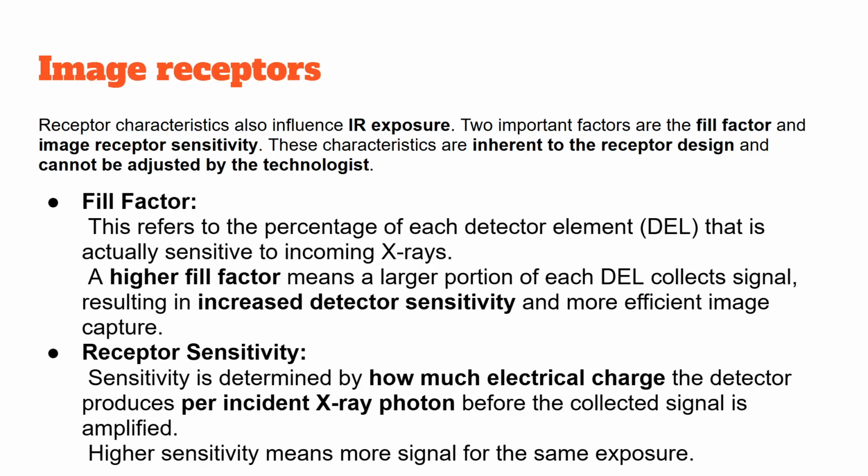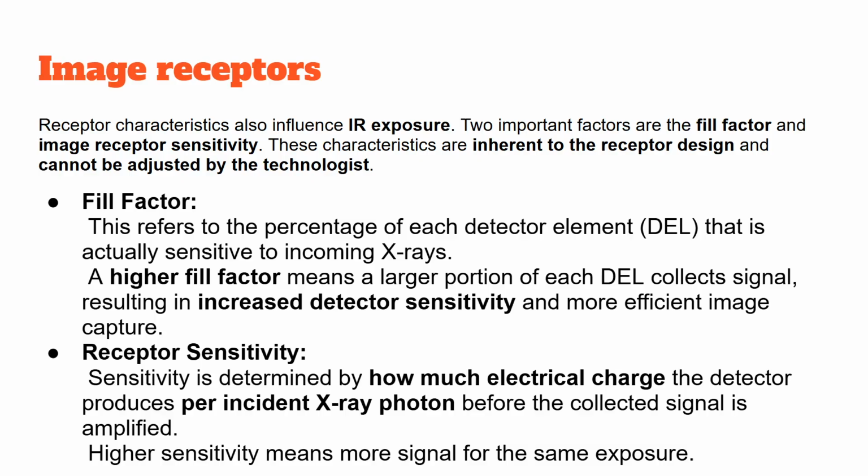Image receptors themselves have characteristics that can influence IR exposure. Two important factors with that are fill factor and image receptor sensitivity. These characteristics are inherent to the receptor design. They're already built in and cannot be adjusted by the technologist. The fill factor refers to the percentage of each detector element that is actually sensitive to the incoming x-rays.